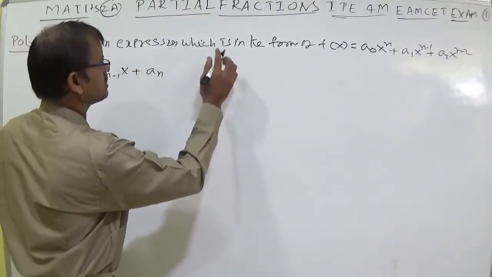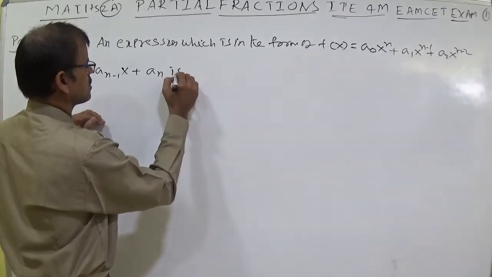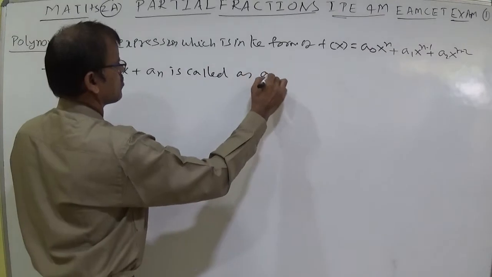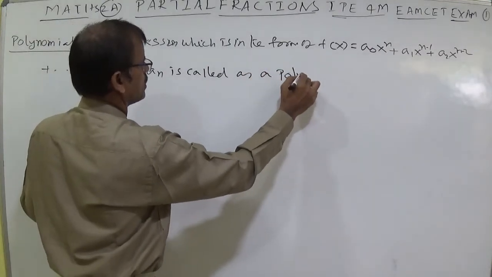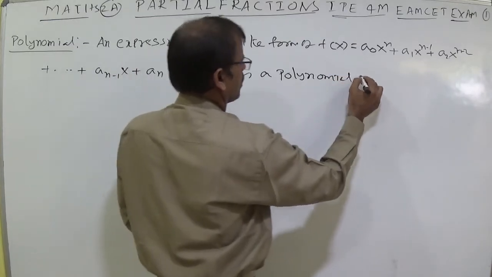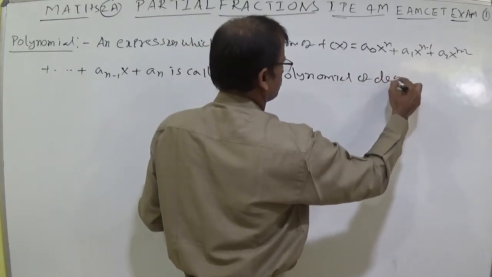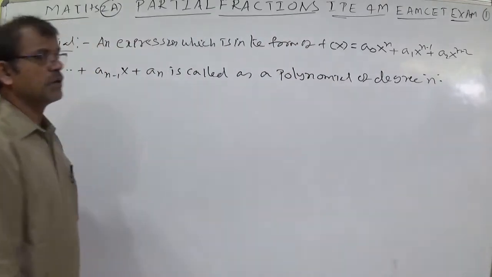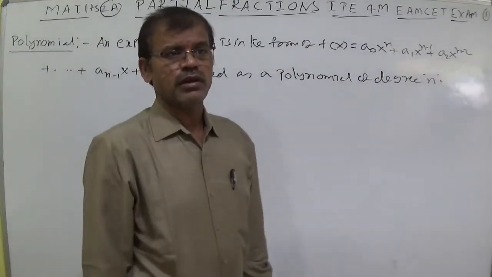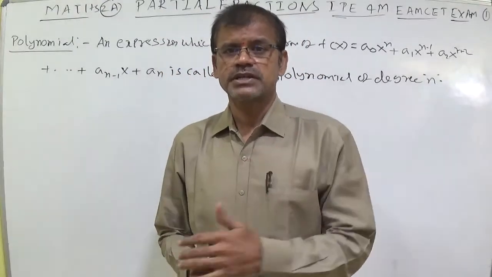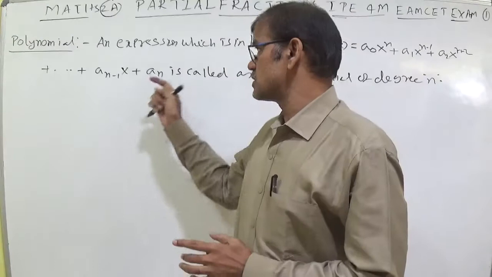An expression which is in the form of this one is called a polynomial of degree n. Depending upon the polynomial, we can discuss fractions, and later partial fractions.